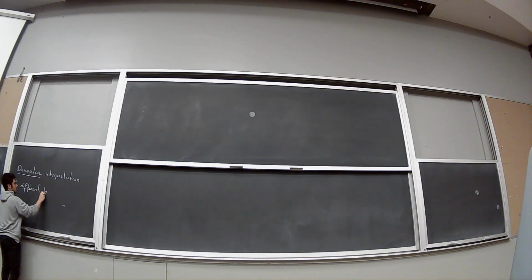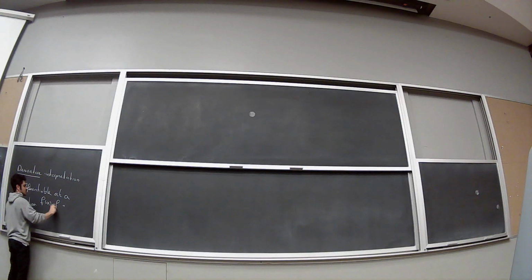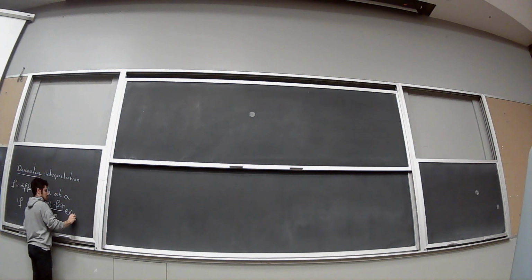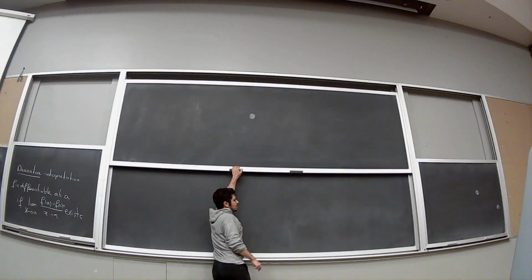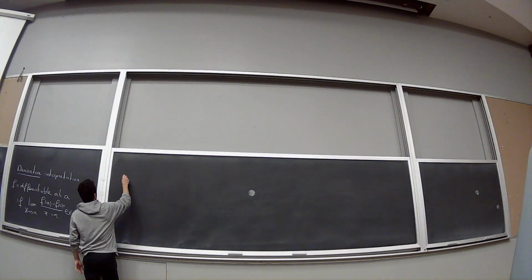So we said that f is differentiable at a if the limit as x approaches a of f of x minus f of a over x minus a exists, right? Now, let us look at the difference f of x minus f of a over x minus a.